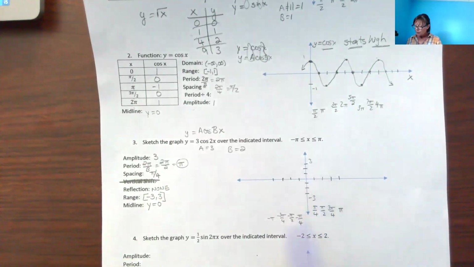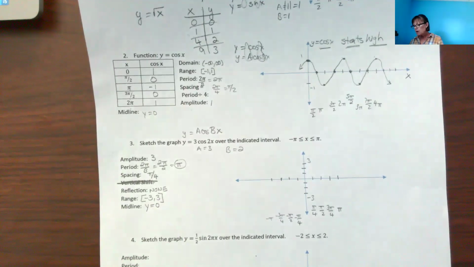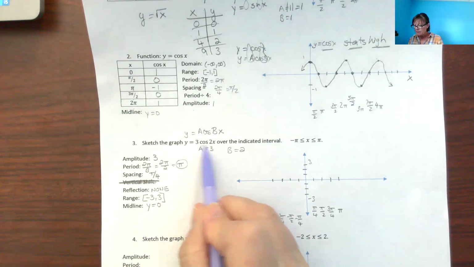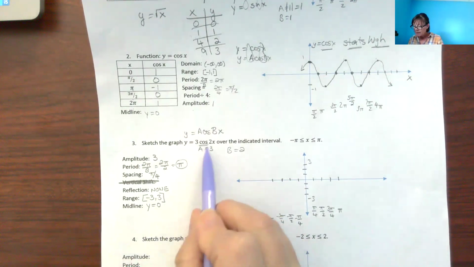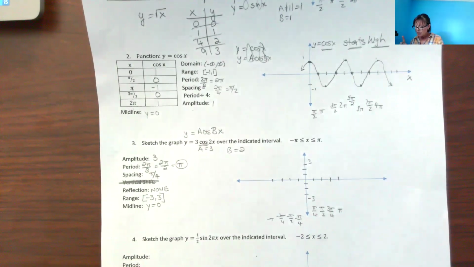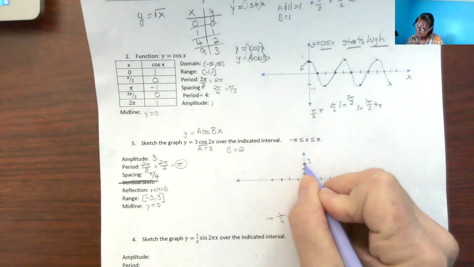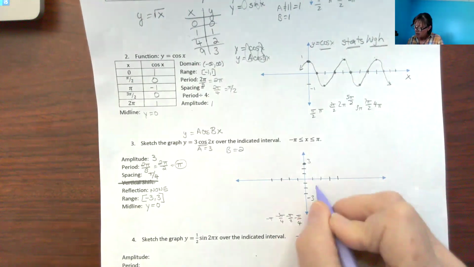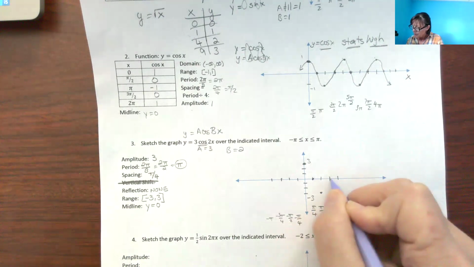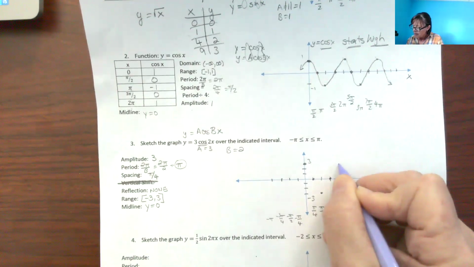So here we go. We've labeled our amplitude, we've labeled our x-axis, and now we just have to know where cosine starts. It's a cosine graph, right? The 2x has been accounted for in the period and the spacing, so cosine starts high. So we're going to start here, and then we continue our pattern: high, middle, low, middle, high.